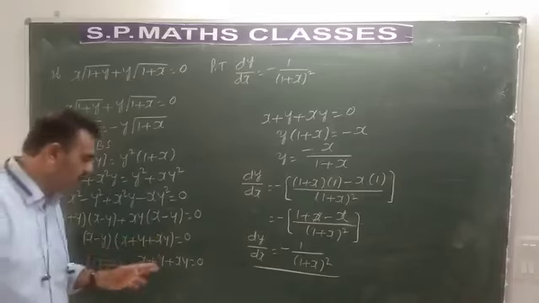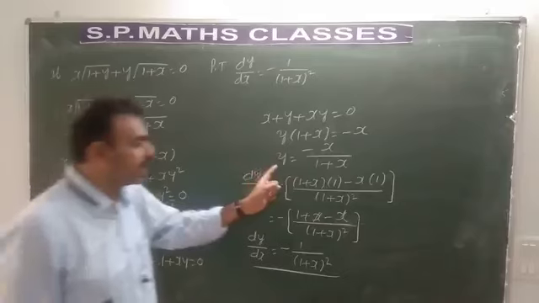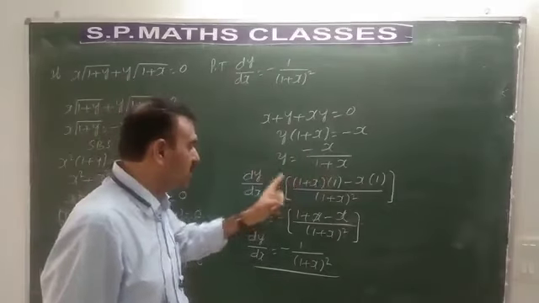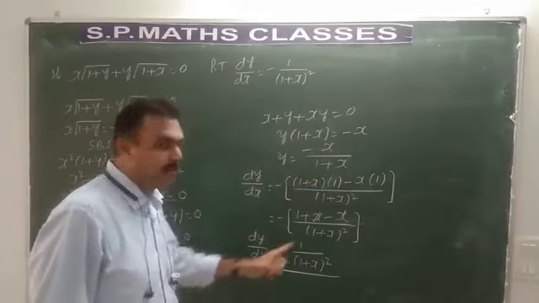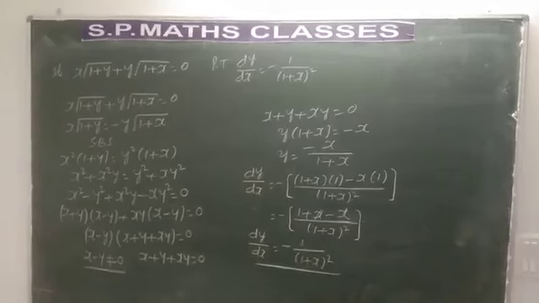We have got x plus y plus xy as 0. y into 1 plus x is equal to minus x. You get y will be minus x by 1 plus x. So differentiating, you will be getting minus 1 by 1 plus x the whole square. Hope you have understood this problem. Another standard question, very important for the examination.